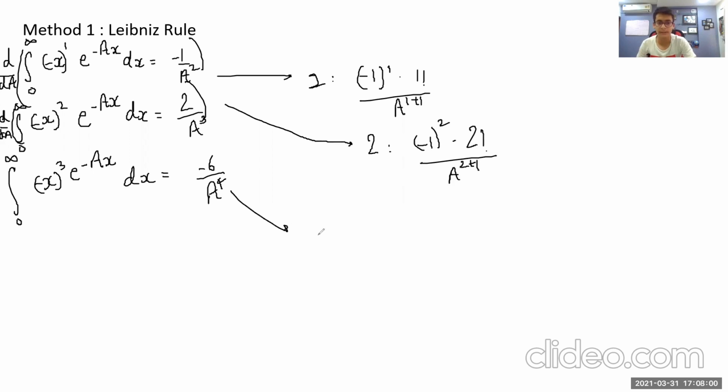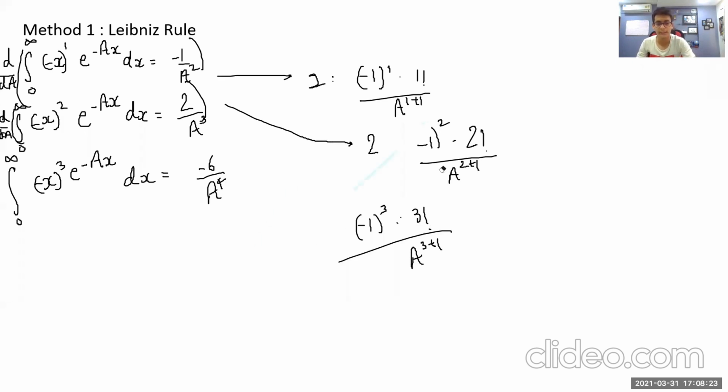The same follows here, that for 3 you just get minus 1 to the third power. You can notice that at all the odd powers, there's always going to be a negative sign on the RHS, and at the even ones, it's just going to vanish. So minus 1 to the third power times 3 factorial over a to the 3 plus 1, which is a to the 4.